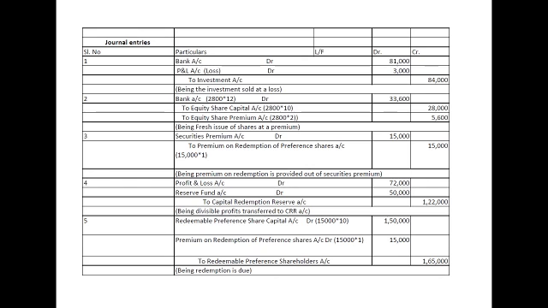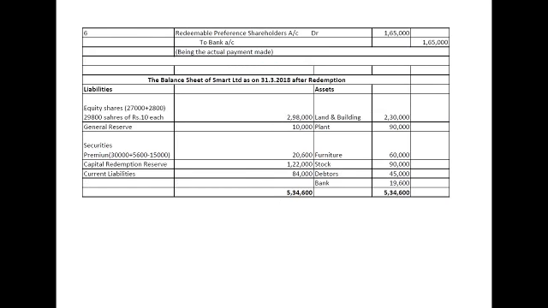To redeemable preference shareholders account. And finally, for the actual payment, the last journal entry, redeemable preference shareholders account debit 1,65,000 to bank account. Means the final settlement is made with respect to the redemption of preference. So basically, the 6 journal entries always come in the journal entry part.